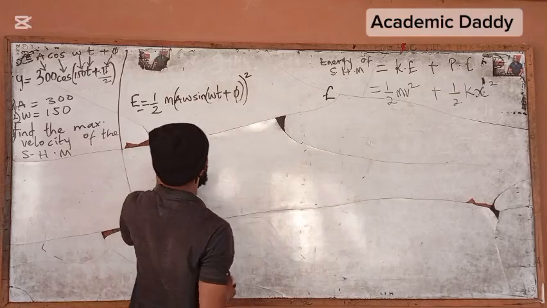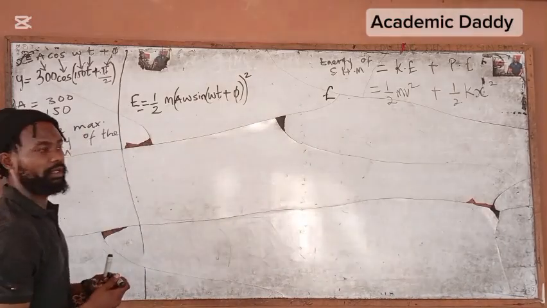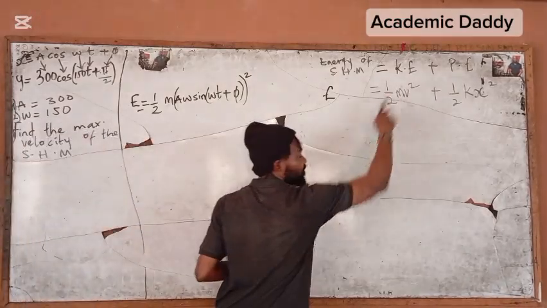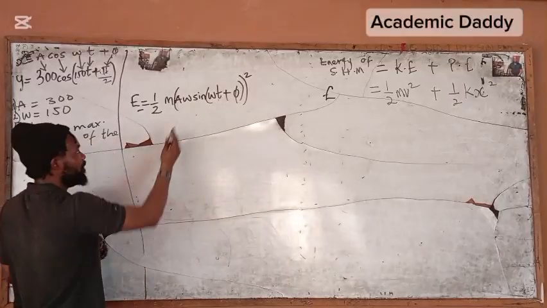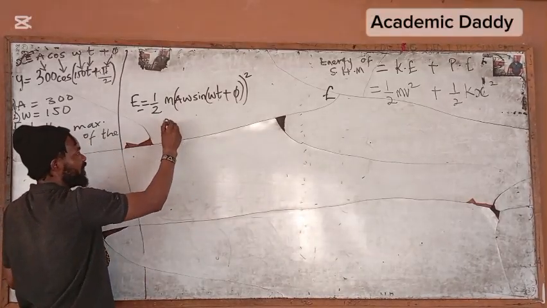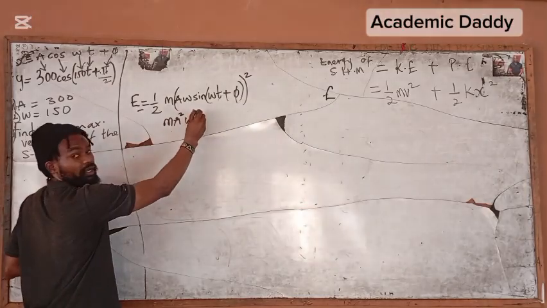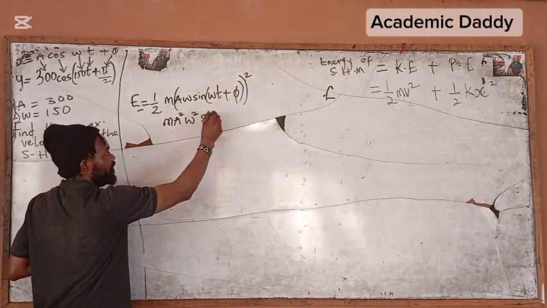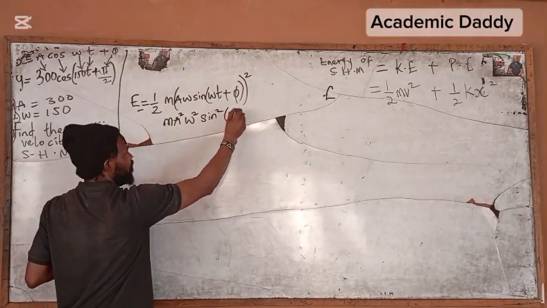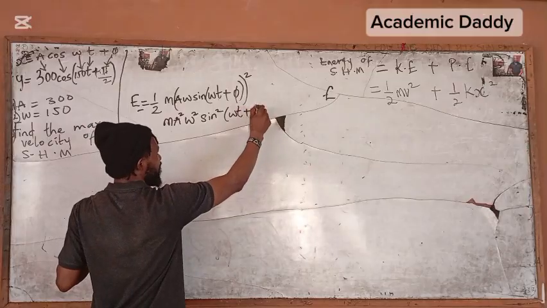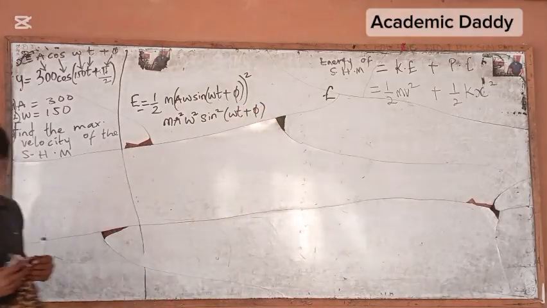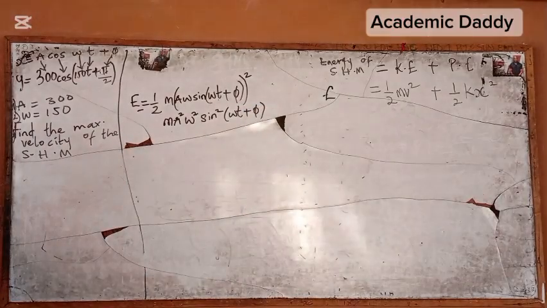Okay, notice that everything here is going to be squared, because V is squared now. So we are replacing V squared with this, which means this is the same thing as half M A squared W squared sine squared (WT plus phase angle). I don't have to square the other one because the sine takes care of it.